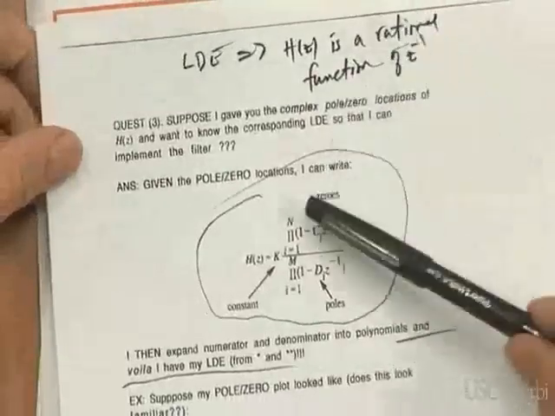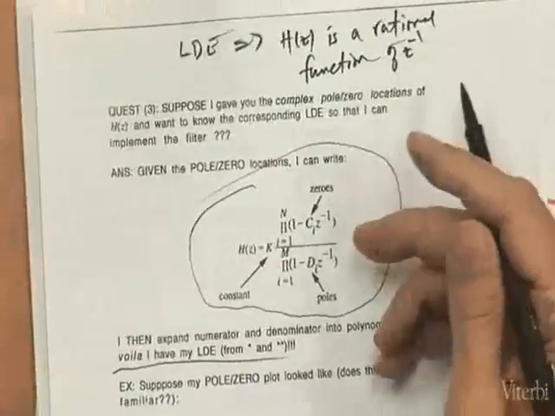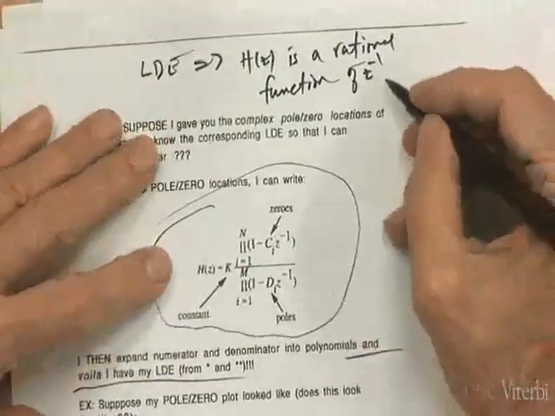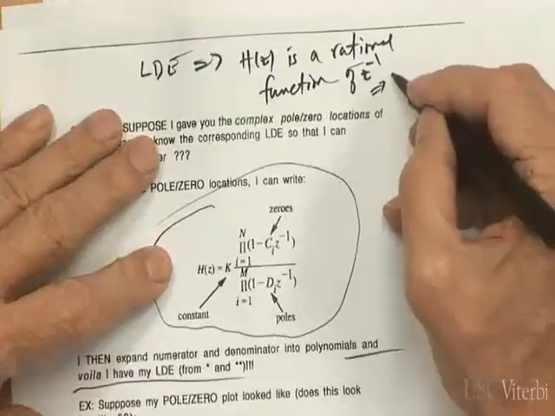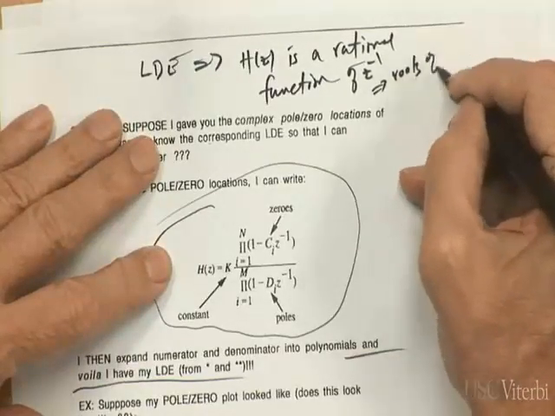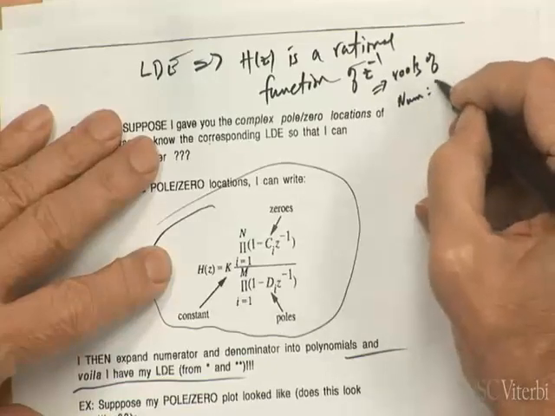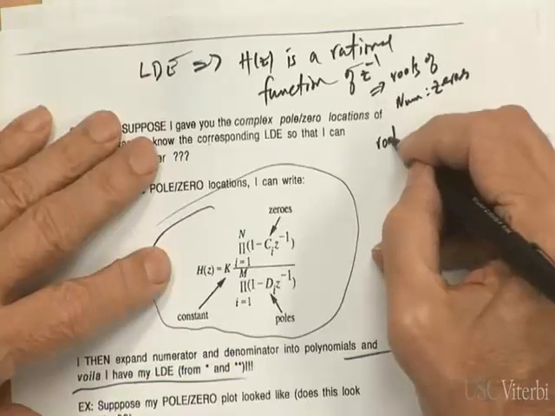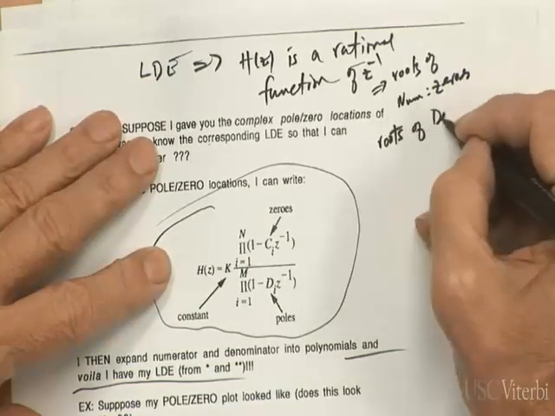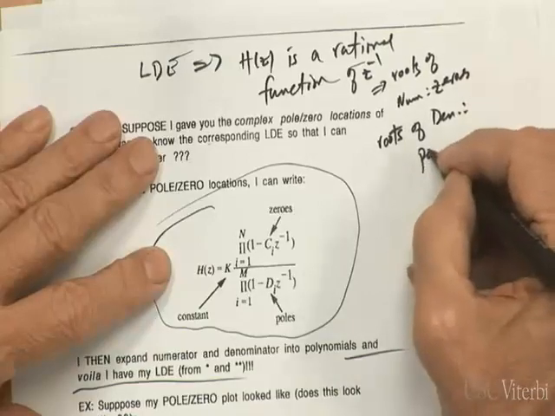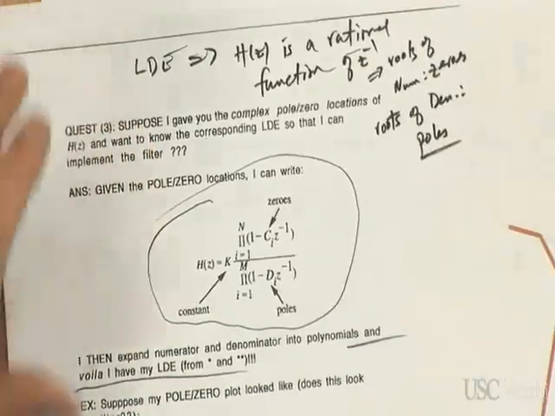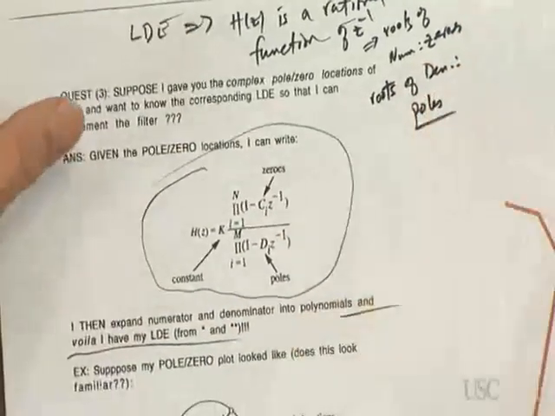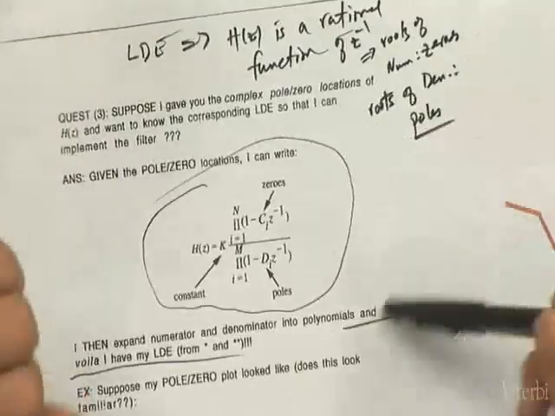So if I tell you what the roots are, in other words, the roots of the numerator, which we call zeros, and the roots of the denominator, which we call poles, then normally you're given a quadratic or a cubic or a quartic, some polynomial, and the question is, what are the roots of that?